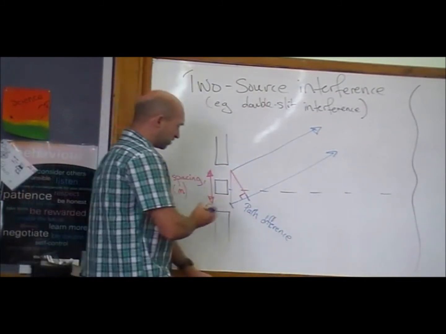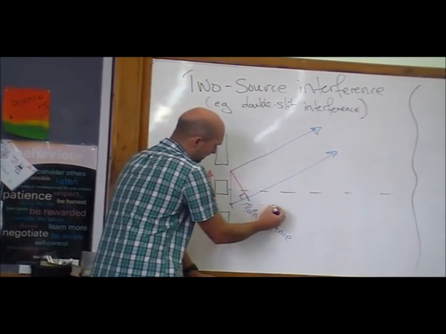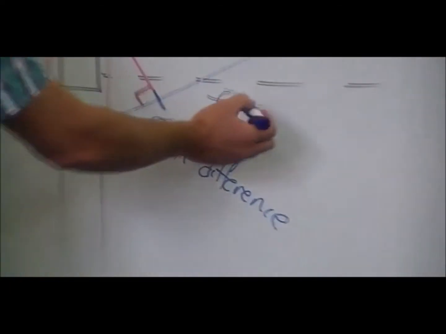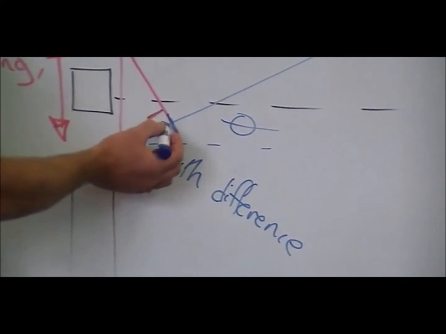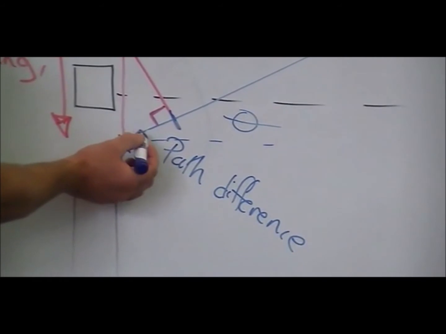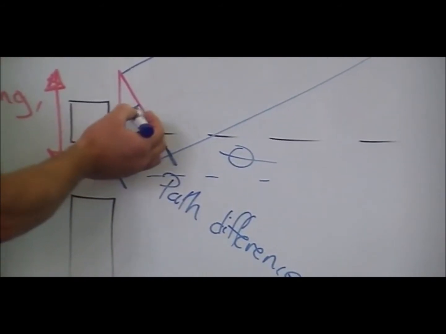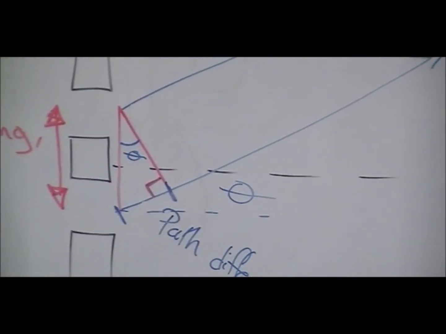From that picture, we can look along and see the angle up to that point of interest. If that angle is theta, then that's 90 degrees. That bit there has to be 90 minus theta, and that means that that bit there has to be theta again.